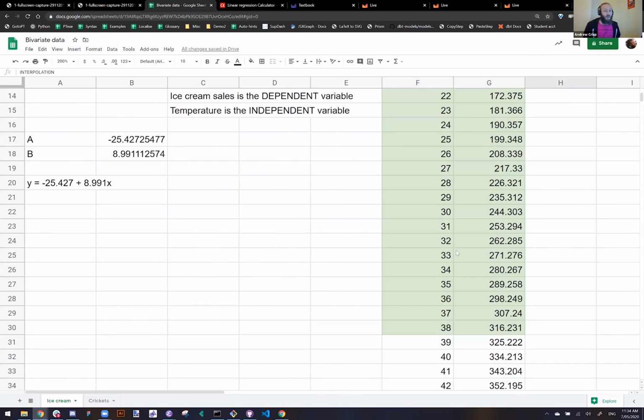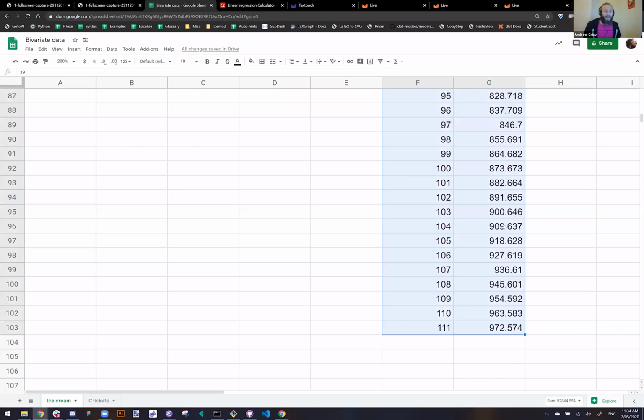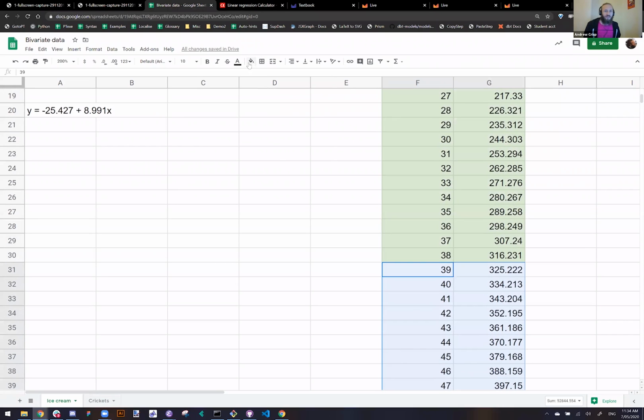But it contrasts with all of this. Once we go outside the data range, we call this extrapolation. Now, extrapolation is a word that is in common use. You've probably heard someone say, let me extrapolate, or that's an extrapolation.